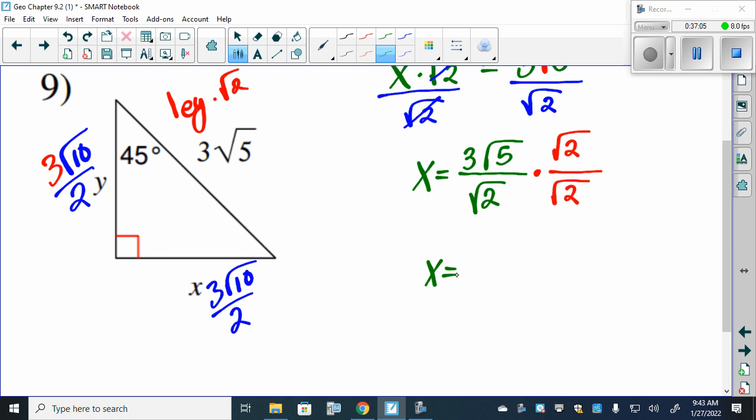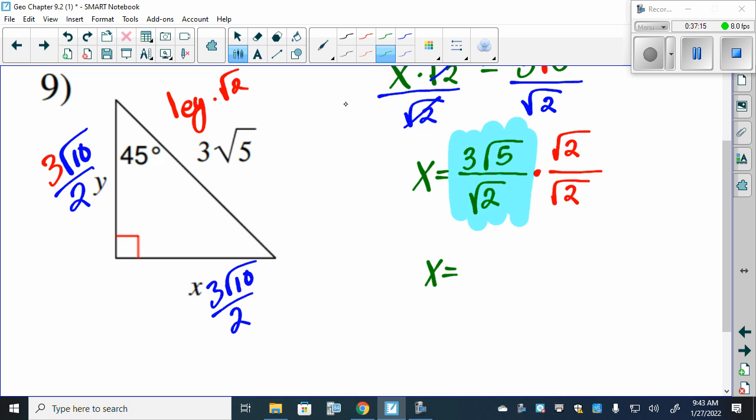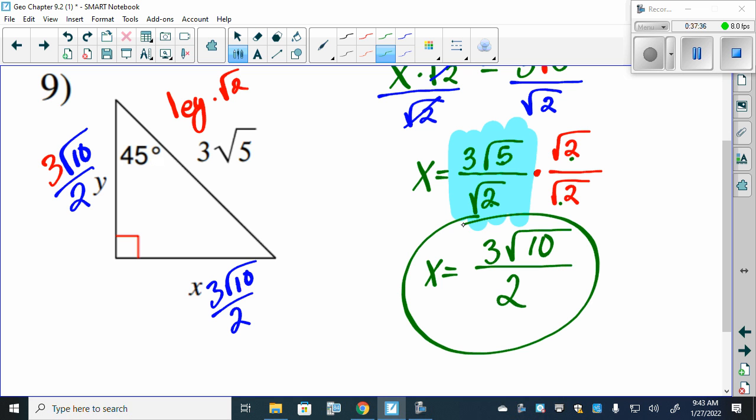So when you type this here into the calculator, this is actually what it's doing. It's multiplying top and bottom by the square root of 2. So the numerator, well, we'd have our 3 square root of 5 times 2, and as we just said, square root of 2 times the square root of 2 is 2. So we get this here. Questions on any of this so far?